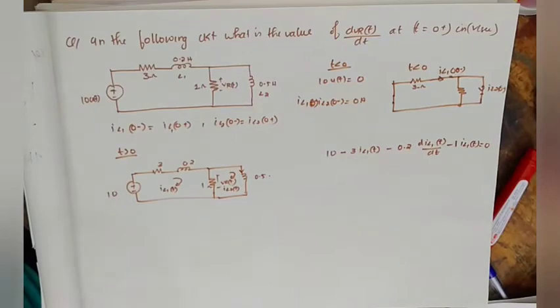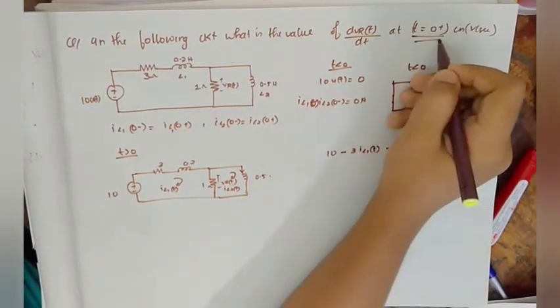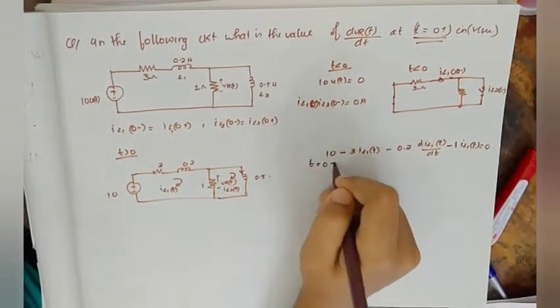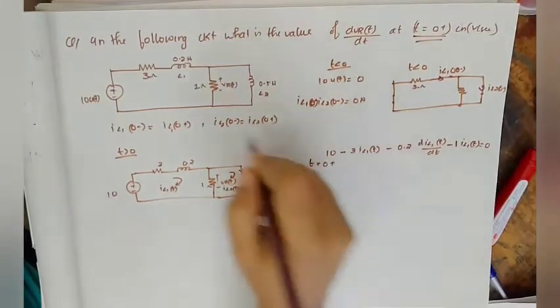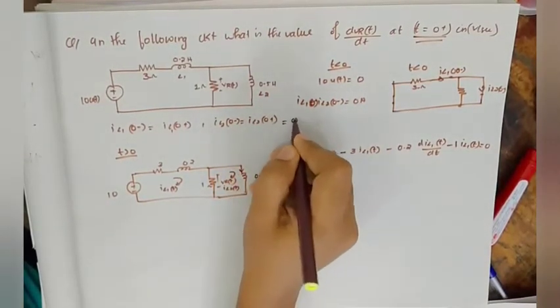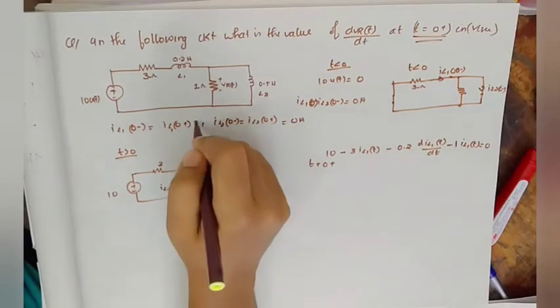Okay, in the question it is asked at t equal to 0 plus. When t is equal to 0 plus, we know that IL1 of 0 plus is equal to 0 ampere as well.